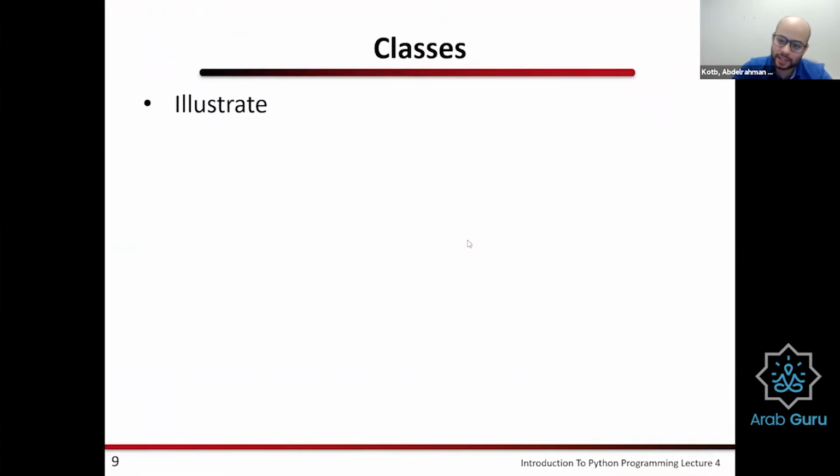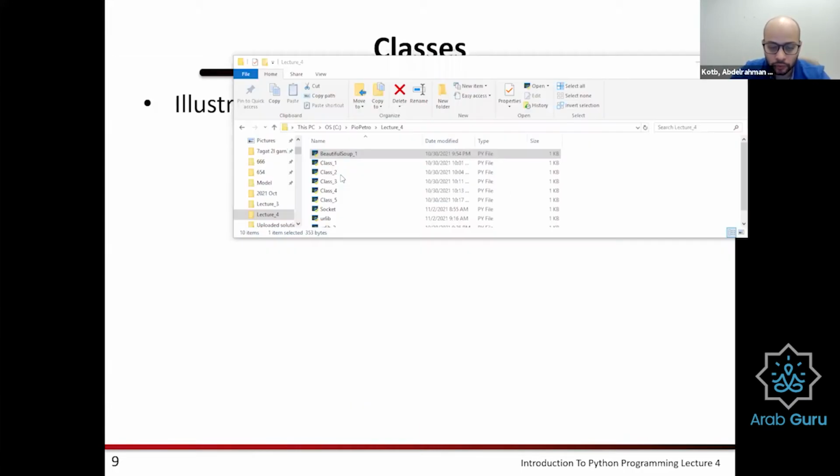What this means is that there are objects in Python that are used to make programming easy. And one of the main objects that you are going to look at are classes. And I wanted to show you several examples that I wrote for classes.